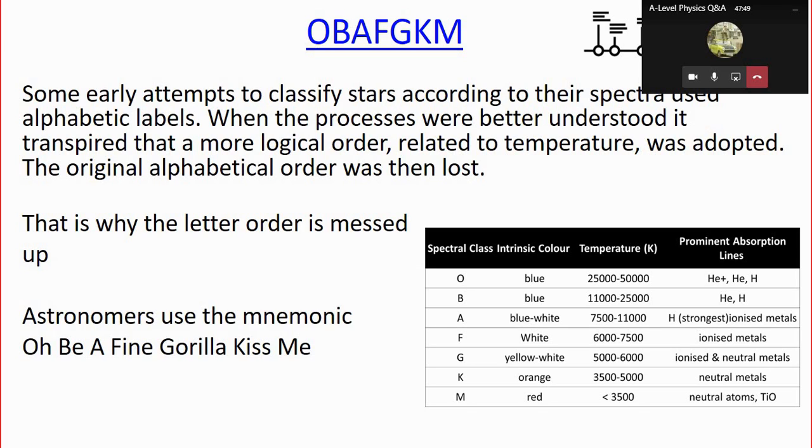M is obviously the last one they use at the moment, but I think they might have gone beyond that previously. But now that we realise we're actually going to rank these in order of temperature, we go O, B, A, F, G, K, M. That is a decent mnemonic to use. If you want to come up with your own, though, you always can.